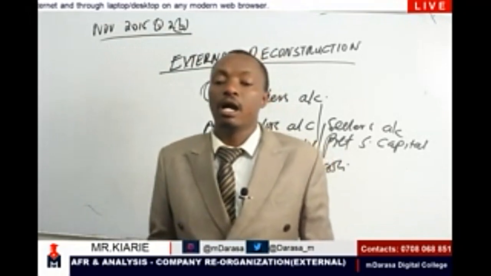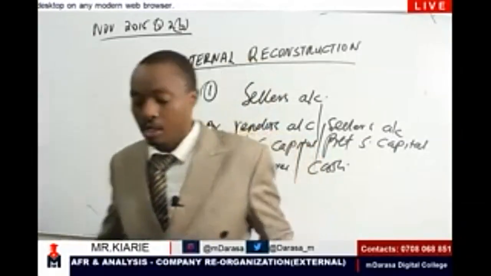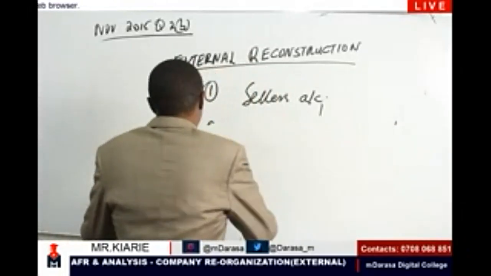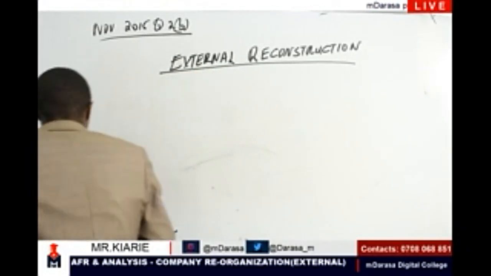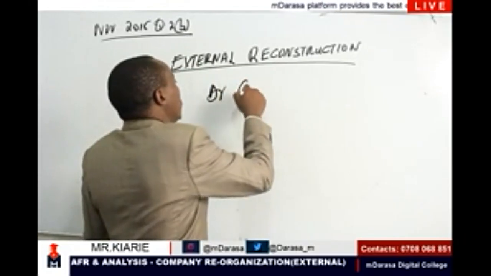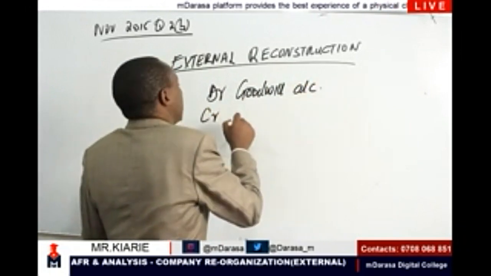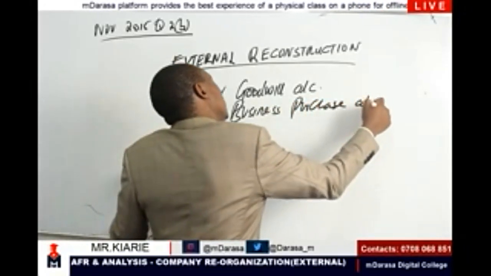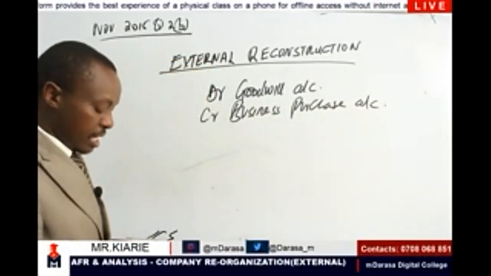You put a colon. If goodwill, debit goodwill account, credit business purchase account.